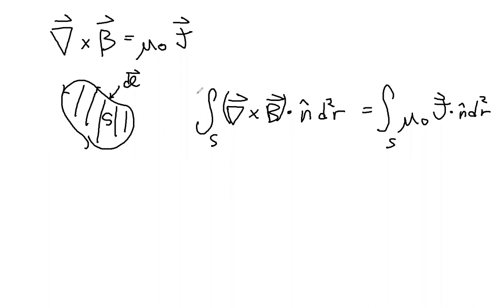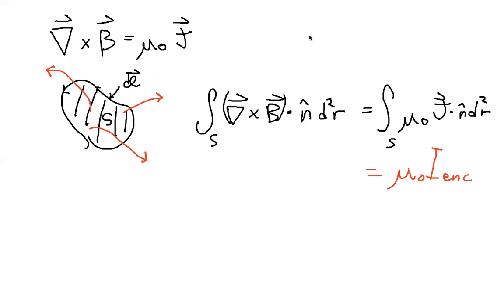Now, if we have current, and I'll do that in red. So if we have current of various types coming through this thing, what this half of the equation becomes is just basically the current flux through this surface. So it's mu naught times the enclosed current that goes through that surface.